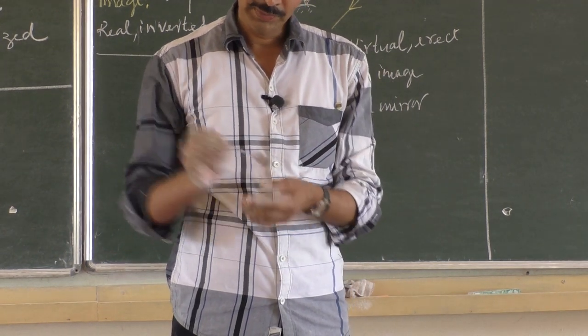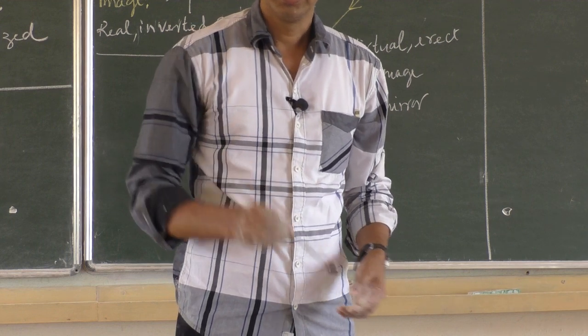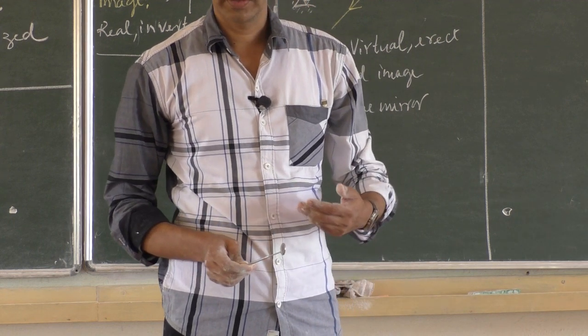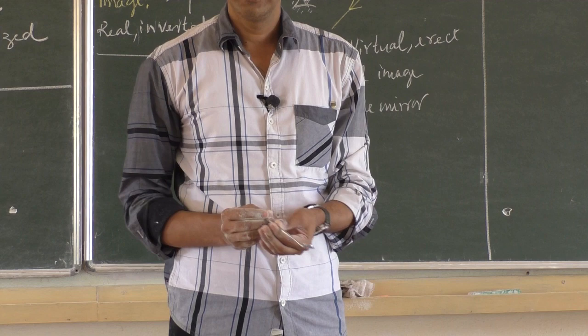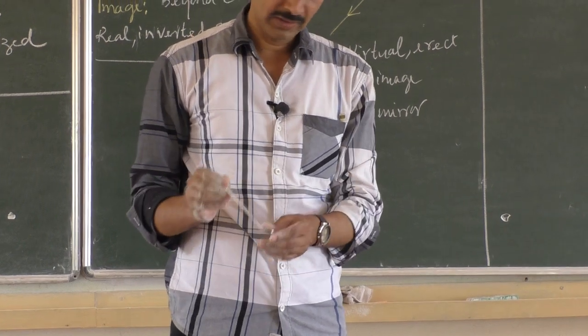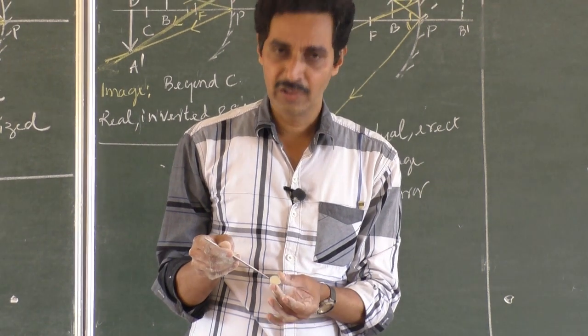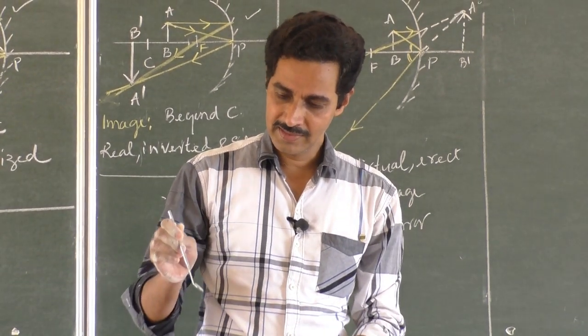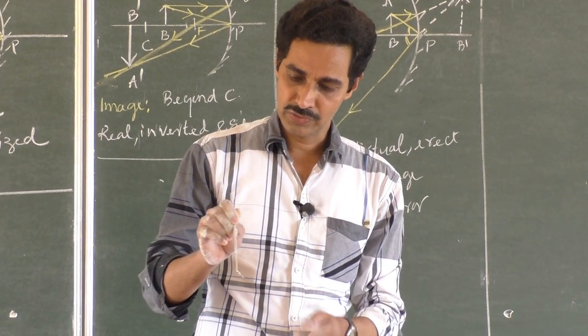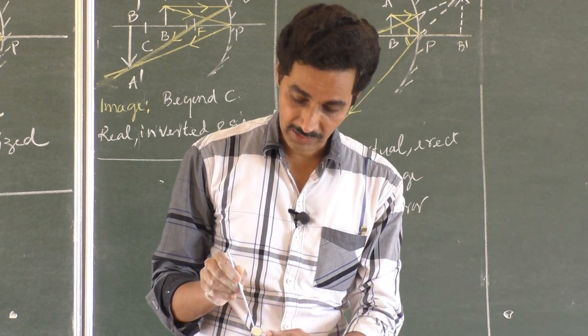Then he will put this inside your mouth. You feel as if he has started removing your teeth, but actually he doesn't do that. He will check it. So what he will do is, he will bring this mirror, and it is a concave mirror. He will bring this mirror very close to your teeth. Of course, here I can't show the image.